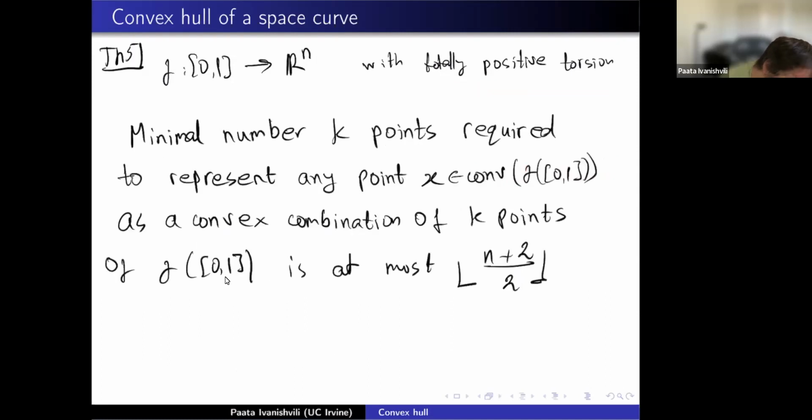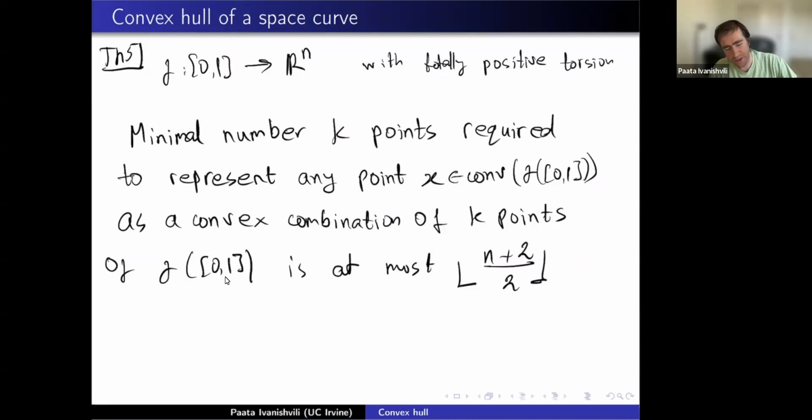Okay, now here is theorem 5. Let's take a curve from [0,1] to R^n with totally positive torsion. It says the minimal number k of points required to represent any point from the convex hull as a convex combination of k points of this curve is at most, think of it like n over 2.